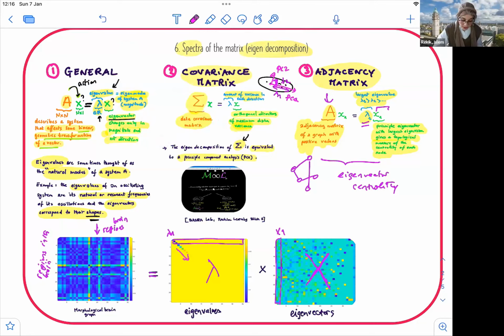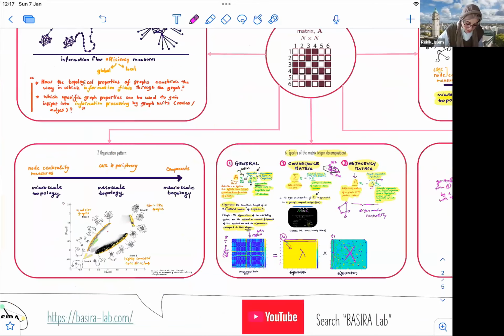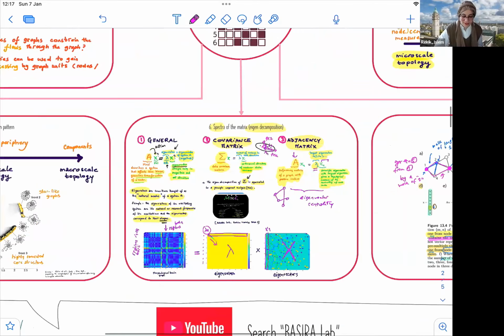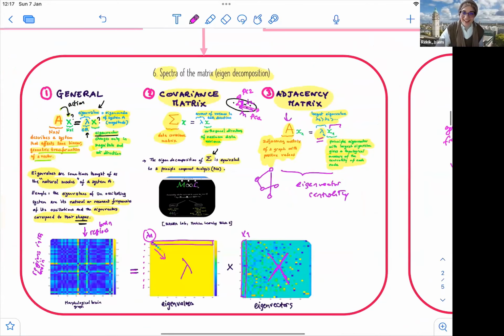And this gives us the lambdas for each node in the graph. It tells us the topological centrality of all nodes in the graph. Okay, so these eigenvalues are very important. All right, so that was the spectra of the matrix, and this is just a sneak peek.